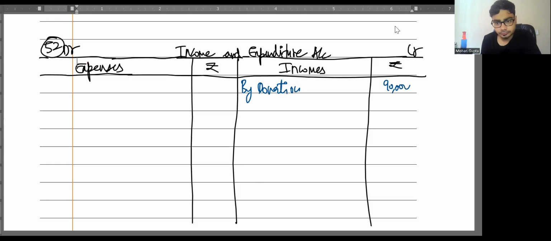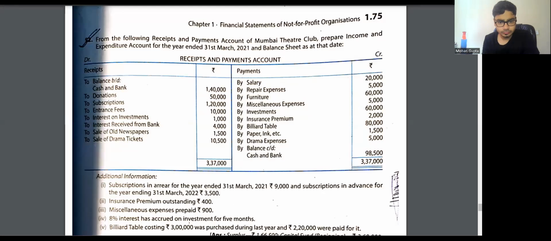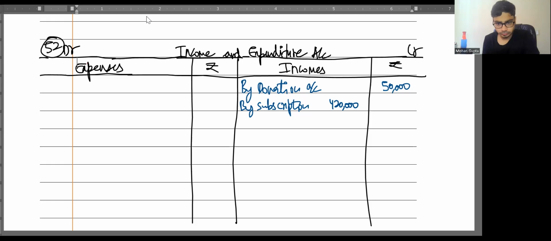Then to subscription, which is 4,28,000, but there is information on it. Wait, sorry, the donation is 50,000, not 90,000. And then subscriptions, where subscription in arrears at the end is 9,000, and subscription in advance at the end is 3,500.